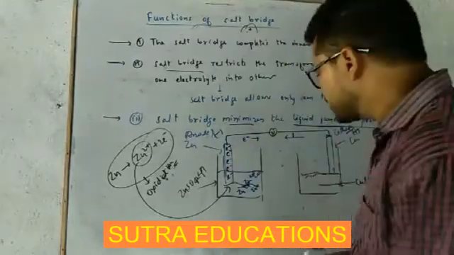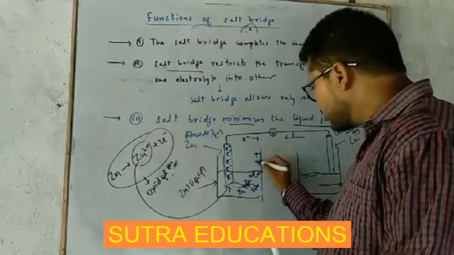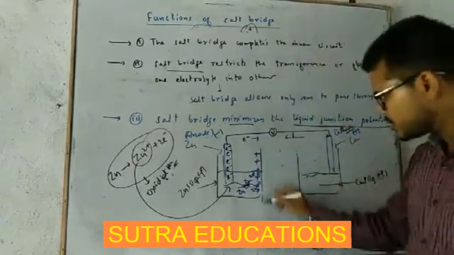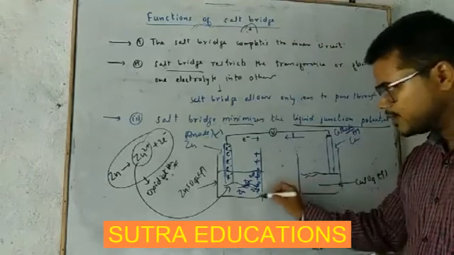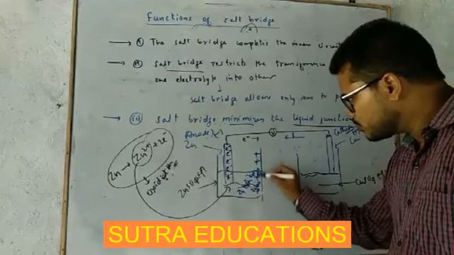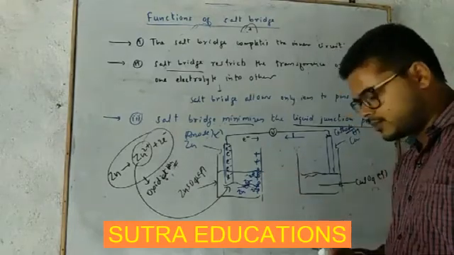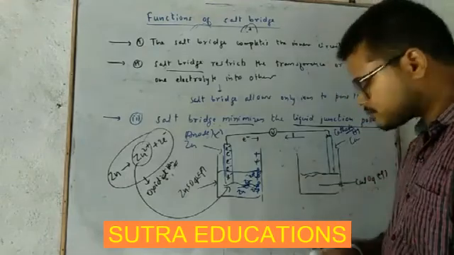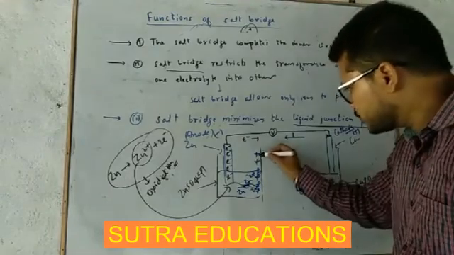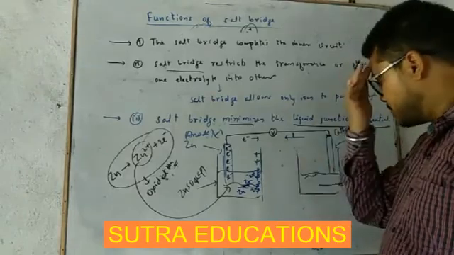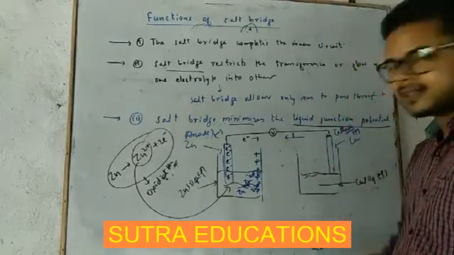Getting this? Means what happens here, a positive charge will develop. At the junction, all are Zn2+, so a positive layer of charges will simply accumulate at the junction.